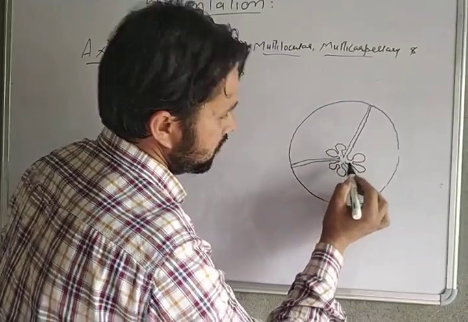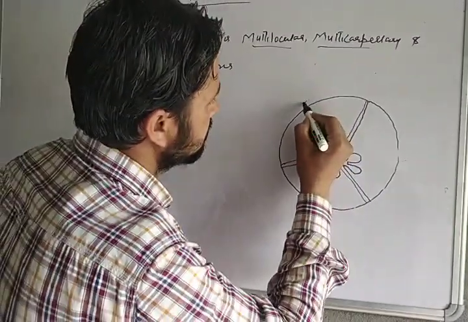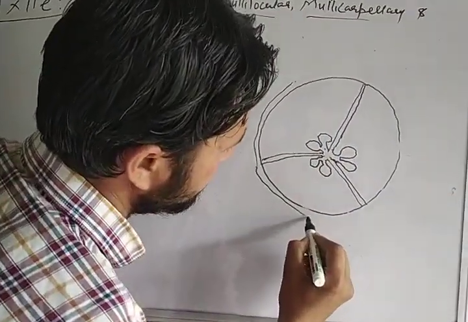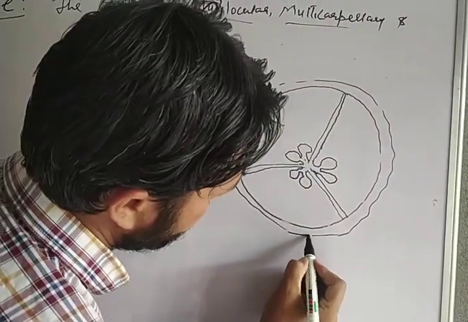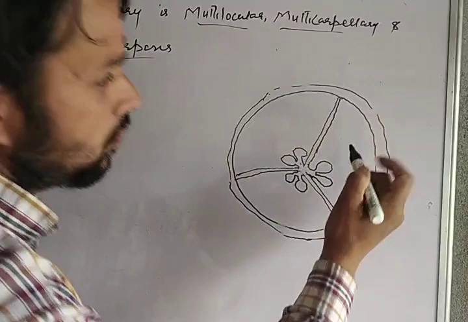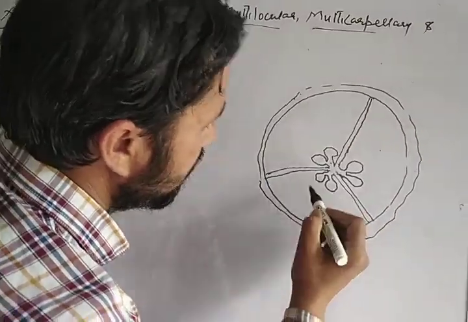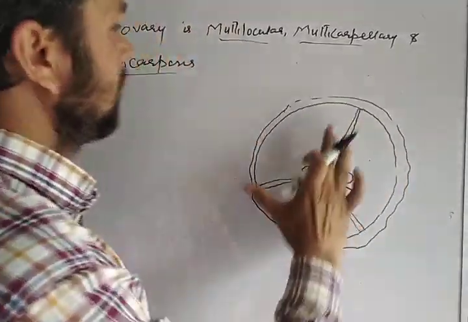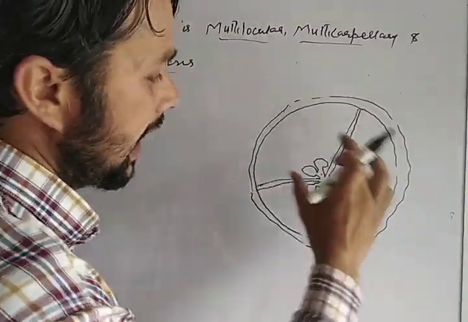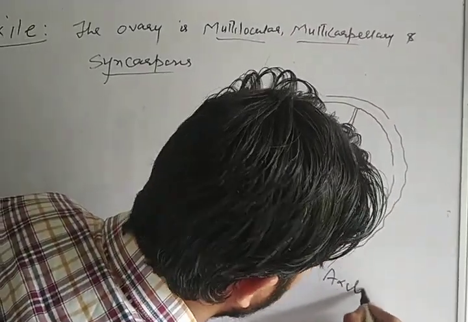These are the ovules. This is the outer side of the ovary, the outer part of the ovule. This is one locule, two locule, and three locule. That means multilocular and multicarpellary condition is here in axial placentation.